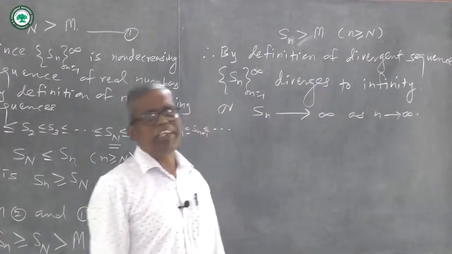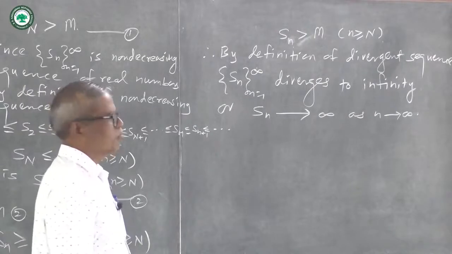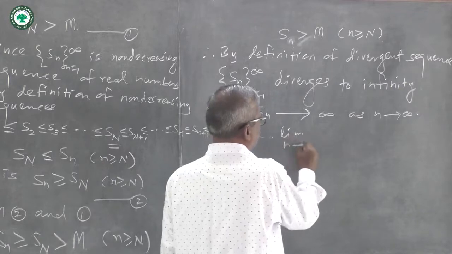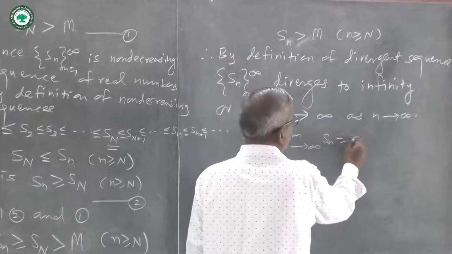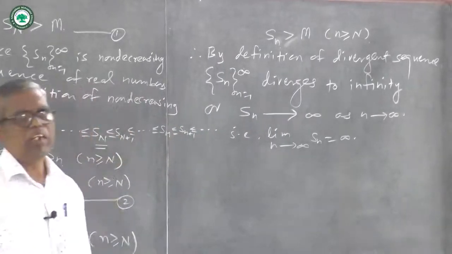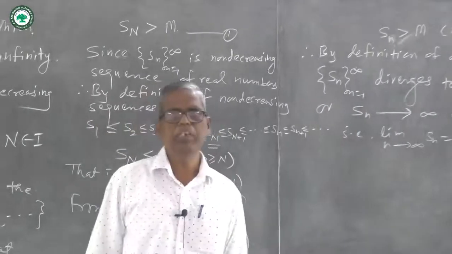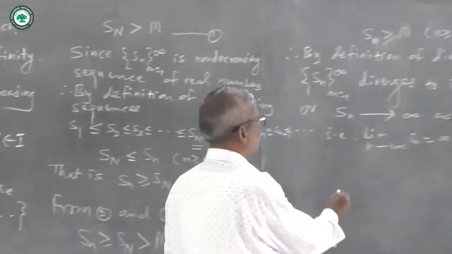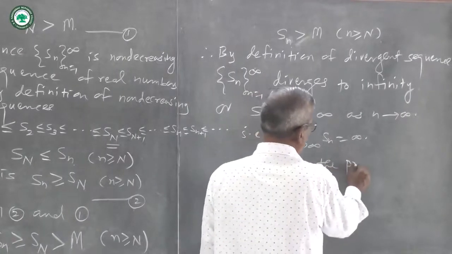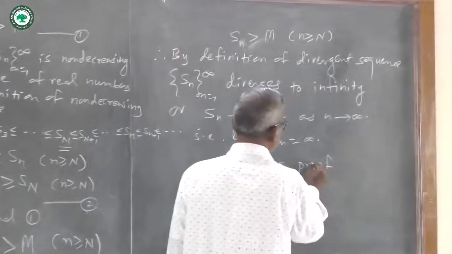That is, limit n tends to infinity of Sn is equal to infinity. The sequence diverges to infinity. A non-decreasing sequence which is not bounded above diverges to infinity. Hence the proof of theorem second.